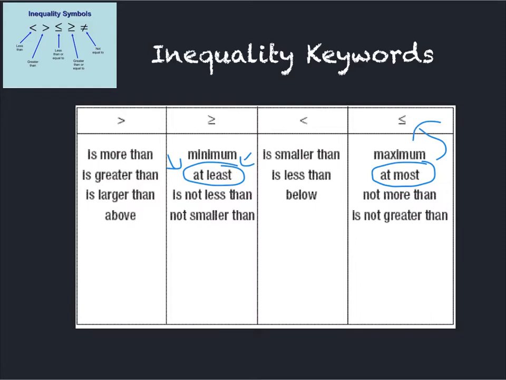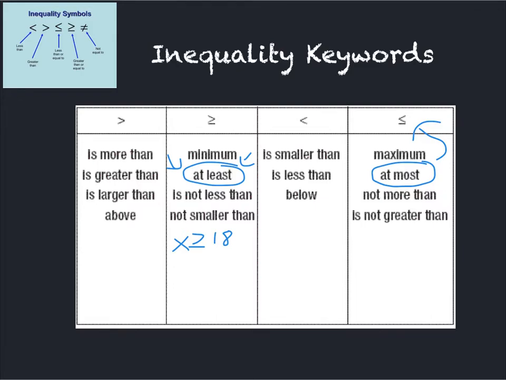So, for example, you must be at least 18 years old to vote. That would be an example of greater than or equal to. X would have to be over 18 or equal to 18 to vote.